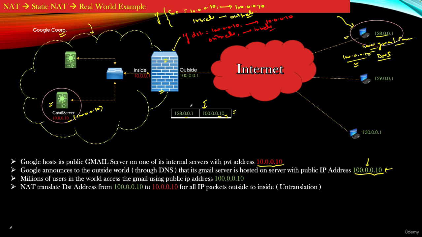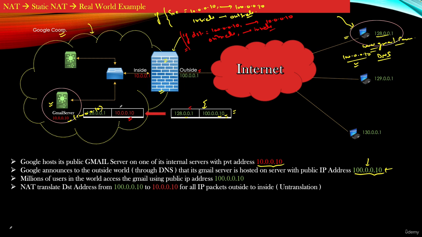Since this packet is hitting the outside interface of the Cisco ASA firewall device, the converse rule is going to be applied on this packet. The converse rule says to change the destination IP address of the packet from 100.0.0.10 to 10.0.0.10. This would be the untranslated packet, because we have applied the untranslated rule, that is the opposite of what the user has configured on the Cisco ASA firewall device.